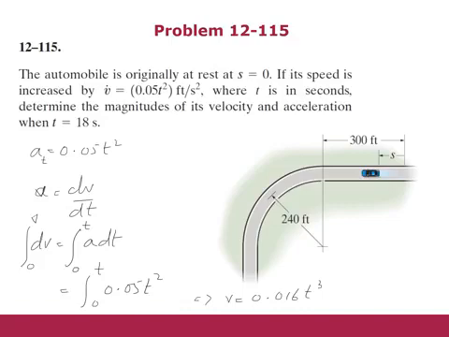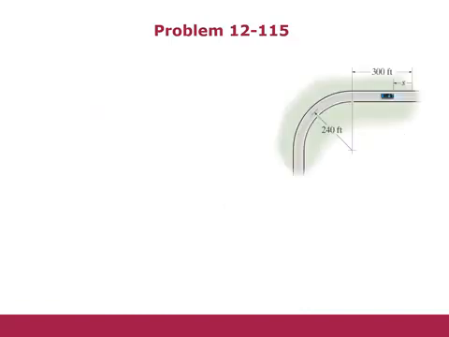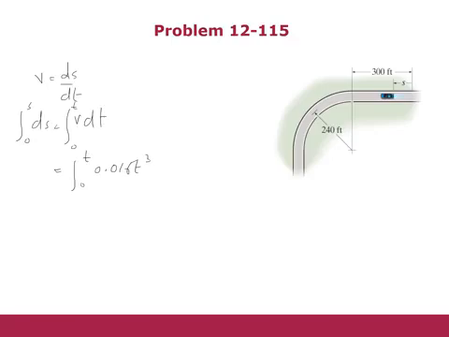Now let's calculate the distance, and after that we will apply the limit. Now we know that v is equals to ds over dt. That is why ds will be v dt, right? This is your kinematics relation, and this is 0 to s and 0 to t, and we have calculated v as 0.016 t cube, right?